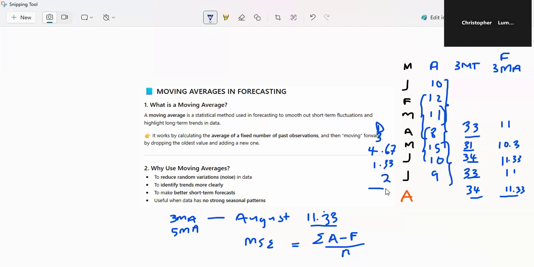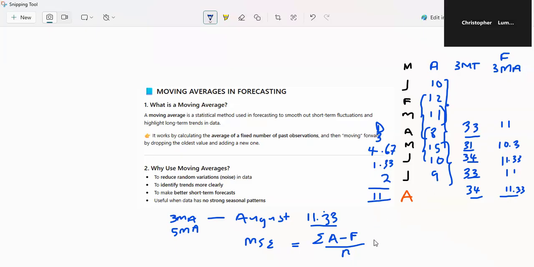So you total these ones up. So you're adding 3 plus 4.67 plus 1.33 plus 2. What do we get? The total is 11 here. So 11 you divide by the number of entries that we have here. How many are they? 1, 2, 3, 4. So you divide by 4.